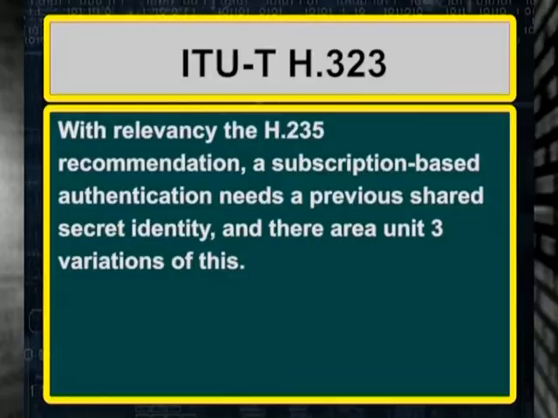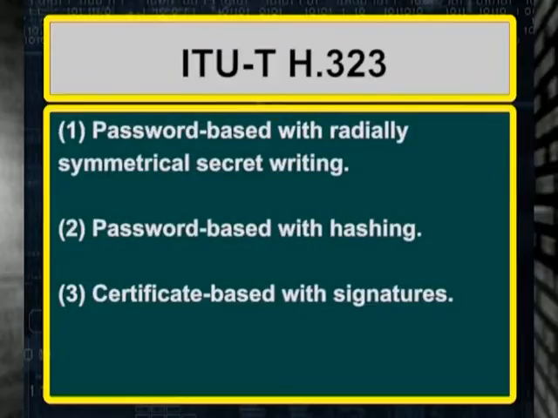With regard to the H.235 recommendation, subscription based authentication needs a previous shared secret, and there are 3 variations of this. First, password based with symmetric encryption. Second, password based with hashing, and third, certificate based with signatures.